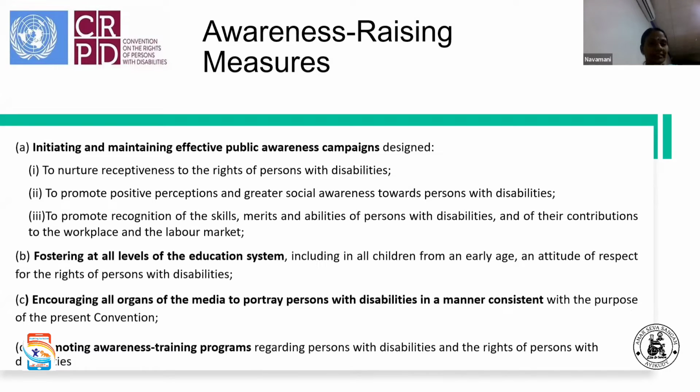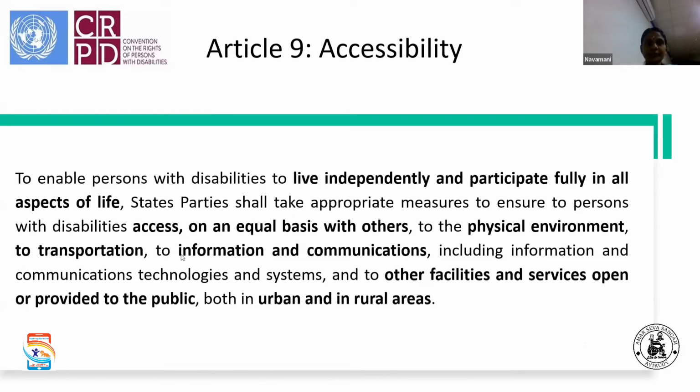They also include fostering, at all levels of the education system, including among all children from an early age, an attitude of respect for the rights of persons with disabilities, encouraging all organs of the media to portray persons with disabilities in a manner consistent with the purpose of the present convention, and promoting awareness training programs regarding persons with disabilities and their rights.